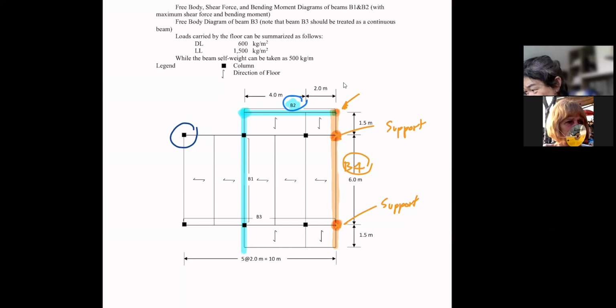Doesn't seem to help much, so it's okay, I'm just using this one. This one will be one support for B2, and then another would be this one. So the two supports for B4 would come from the overhanging portion of this B1 and then this B. And then your B2 will look like this.